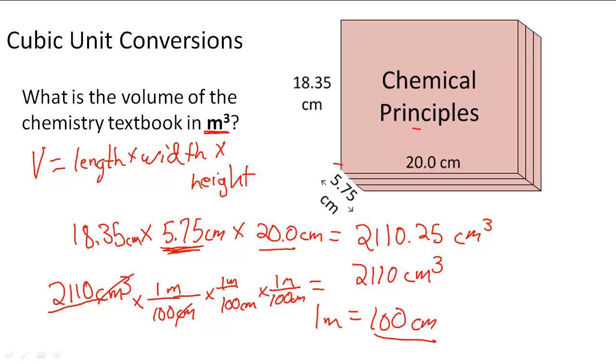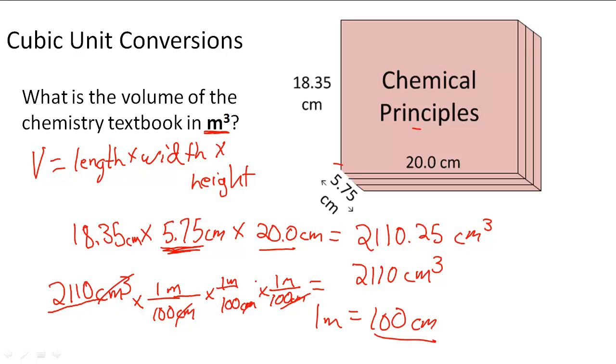So here we go, 1, 2, 3, and then that cancels out the centimeters cubed, and we're going to multiply across. When we multiply by 1, then divide by 100, multiply by 1, divide by 100, multiply by 1, divide by 100. Or just multiply across all of them and then divide by 100 3 times.